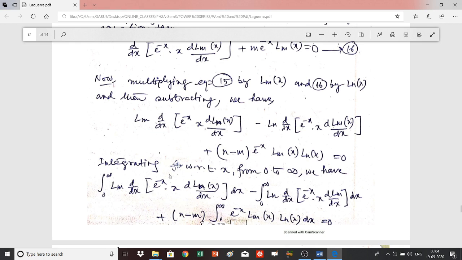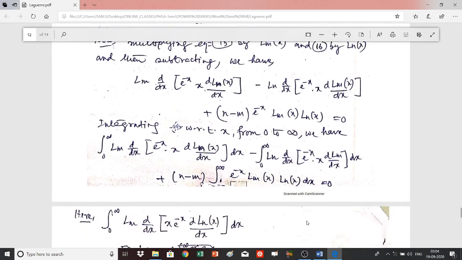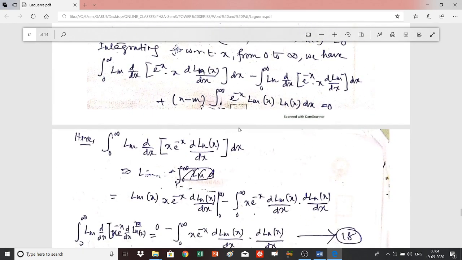If you do that, then you have this expression: integral from 0 to infinity of ln d/dx of e to the minus x x d lm x by dx, integrated with respect to x, and then n minus m integral from 0 to infinity of e to the minus x lm x ln x dx, that is equal to 0.